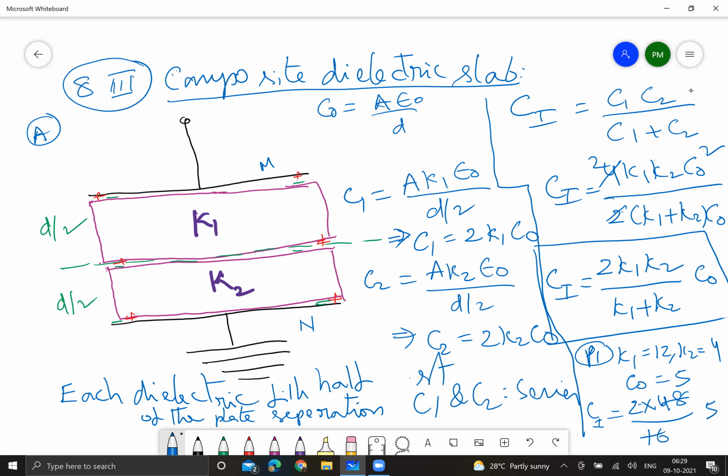So 3 into 5, so 15... 30 microfarads. You can expect in board exams.